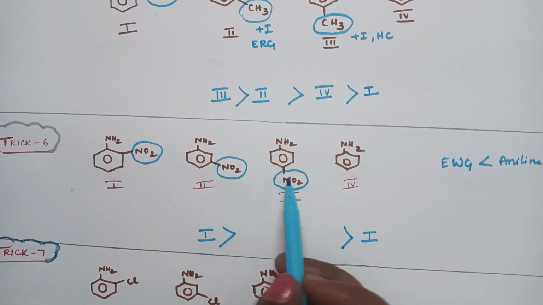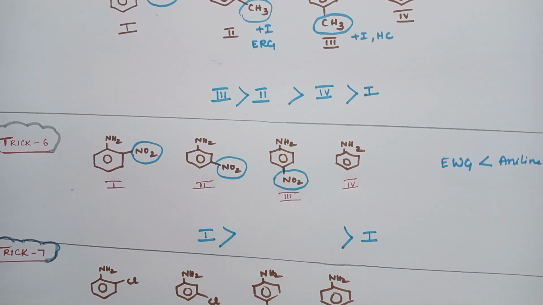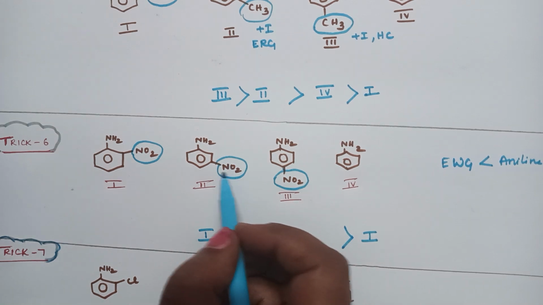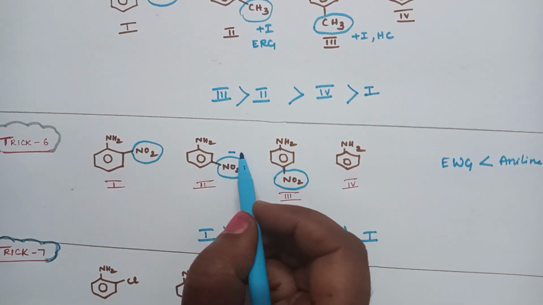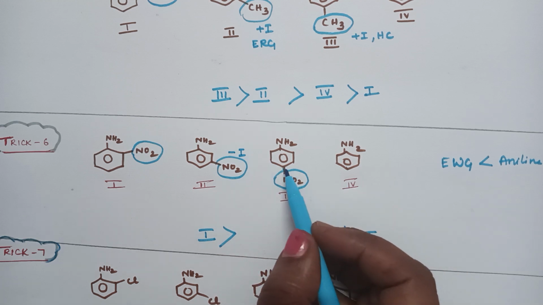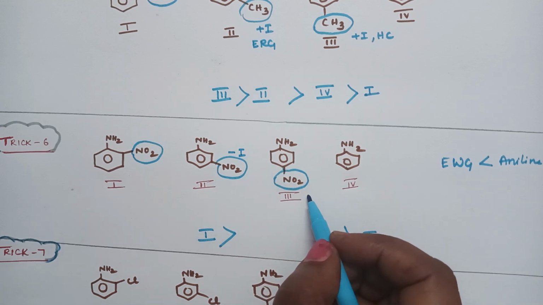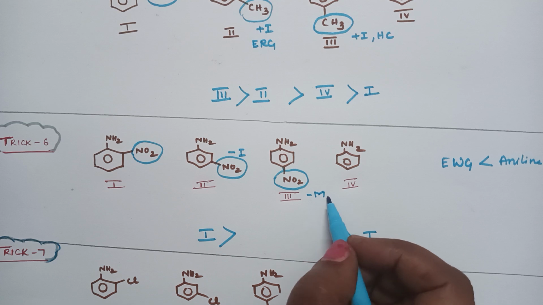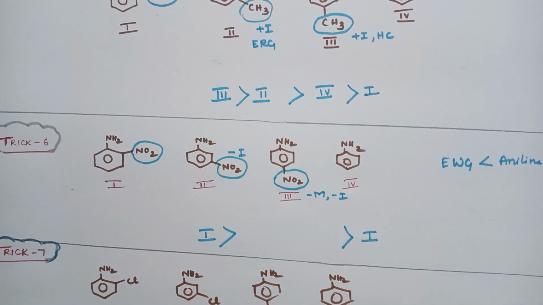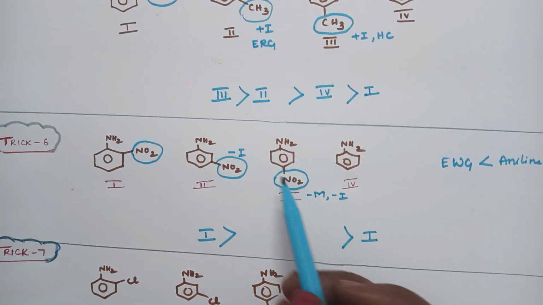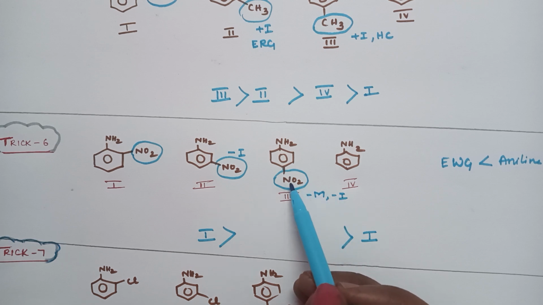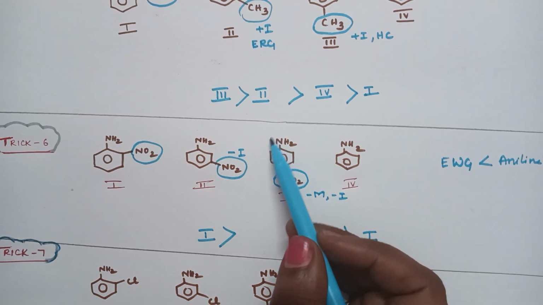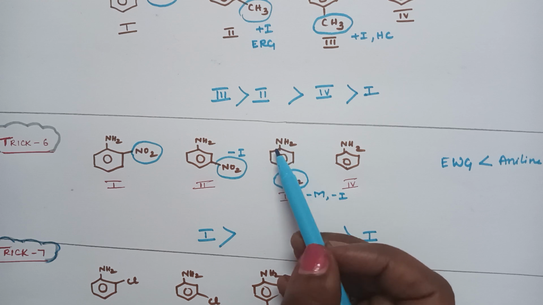Now let us see among these which is more basic in nature. So here NO2 will show a minus I effect, and here at the para position it will show a minus M effect and also a minus I effect. Because of minus M and minus I effect, it will reduce the electron density on nitrogen more.